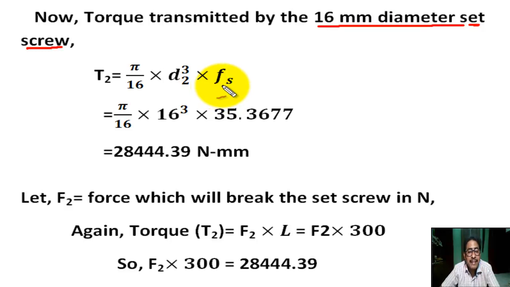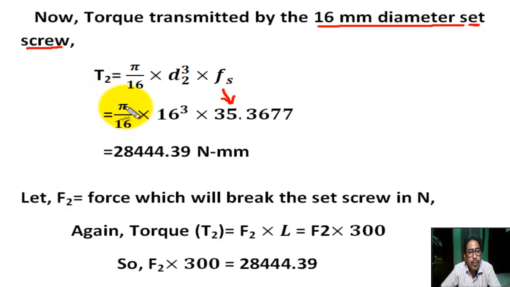Fs induced shear stress in set screw material, that is already found out, 35.3677.